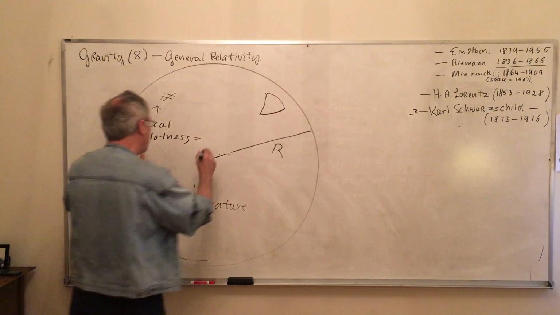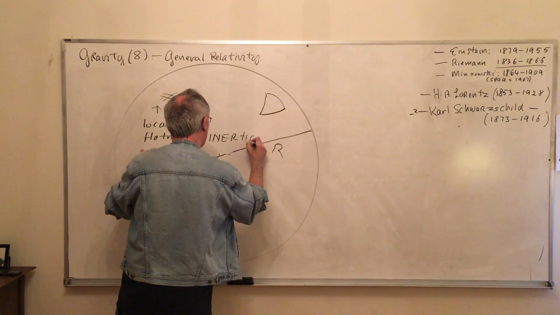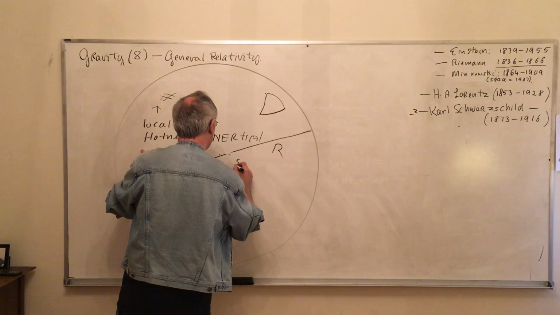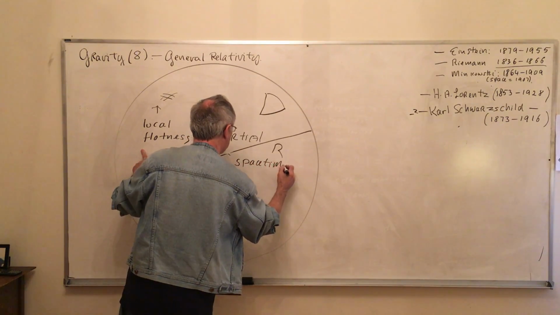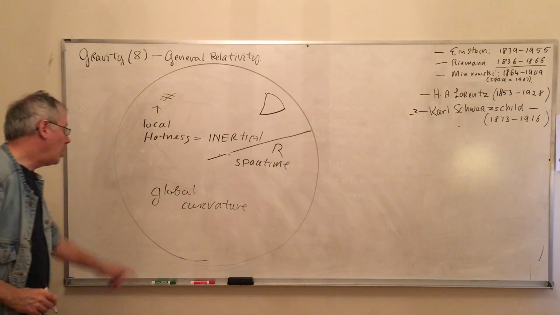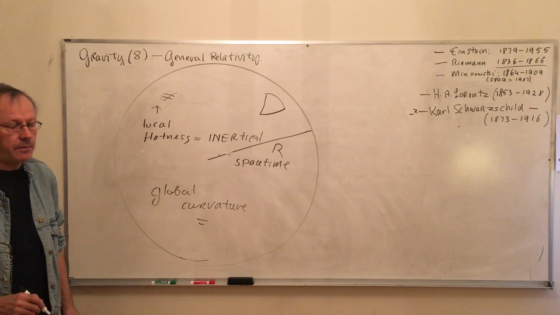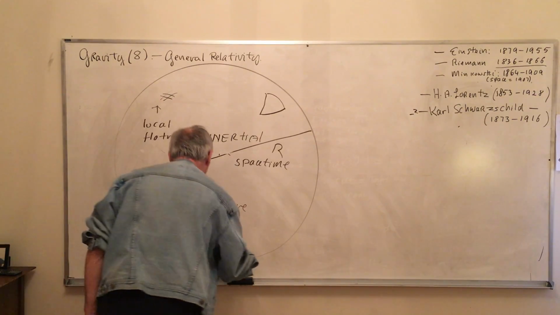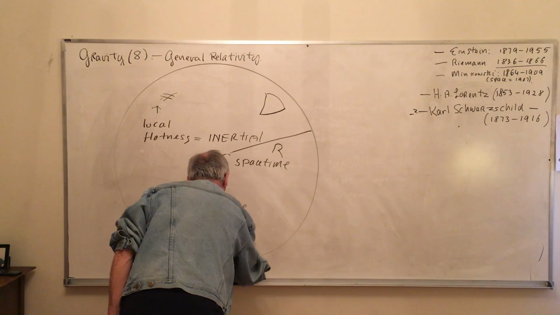Local flatness will turn out to be inertial, and global curvature will turn out to be, as interpreted by general relativity, it may not be the real theory of the world, global curvature will be non-inertial.